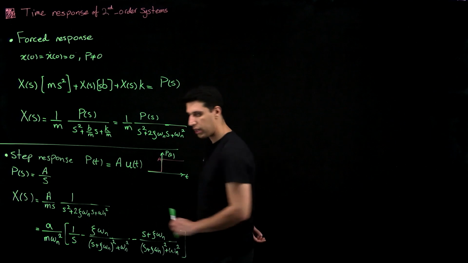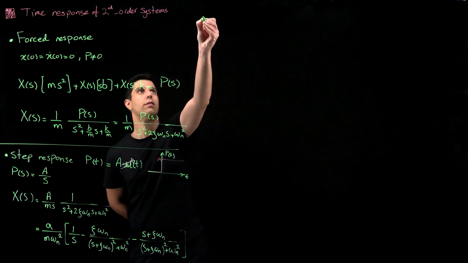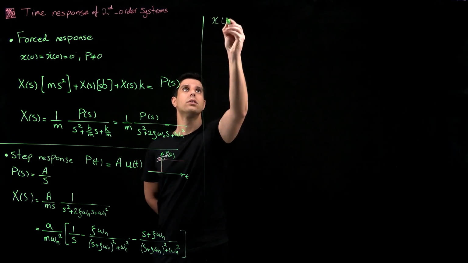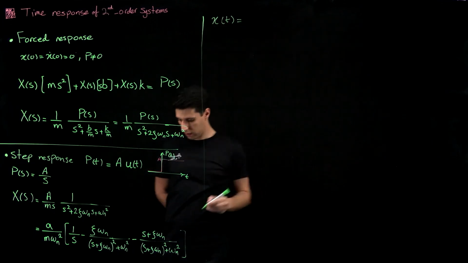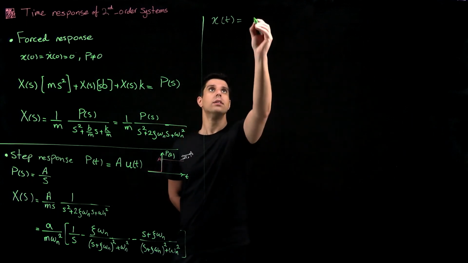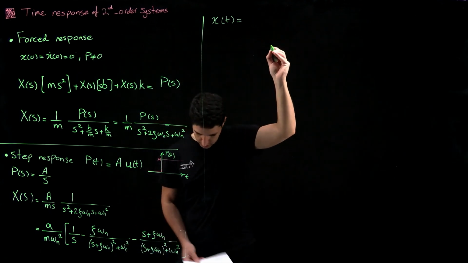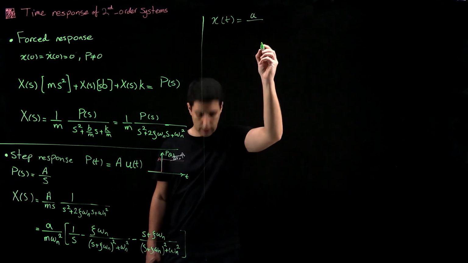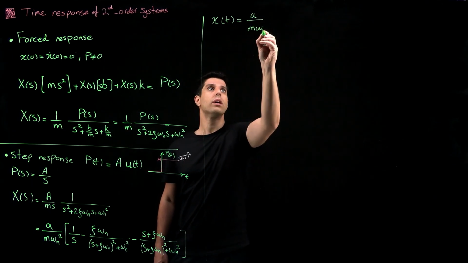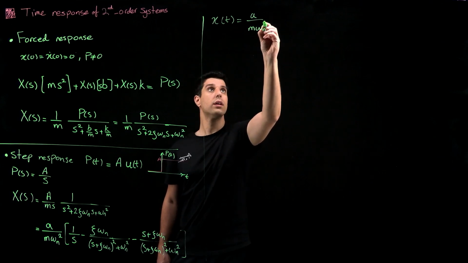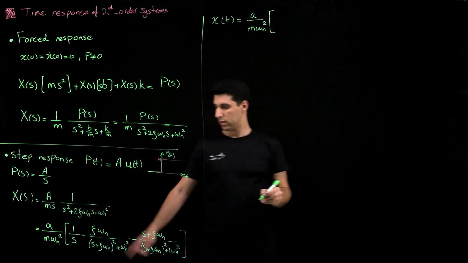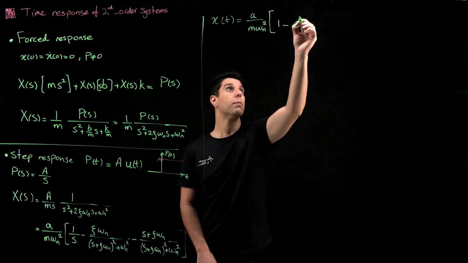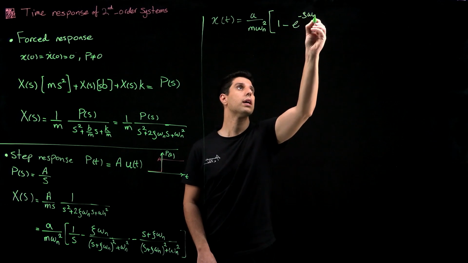And that one is just a constant step value. So if I take the inverse Laplace, it's going to be, let me have my notes, a over m omega n squared, 1 minus e to the minus z omega n t.